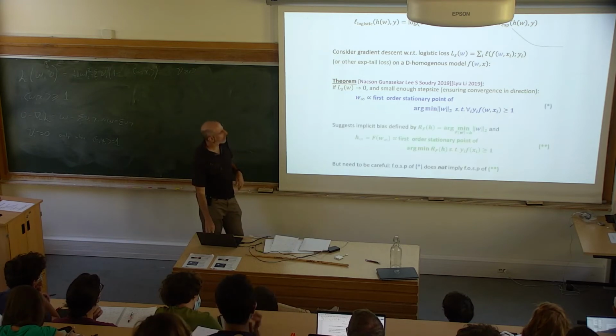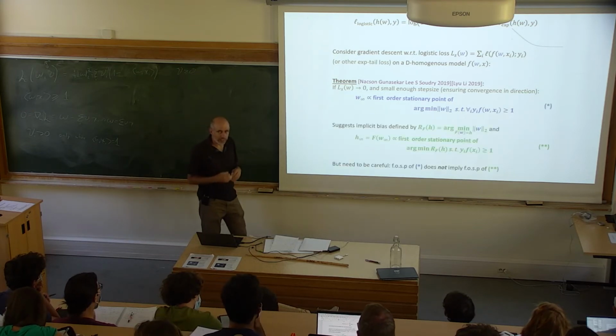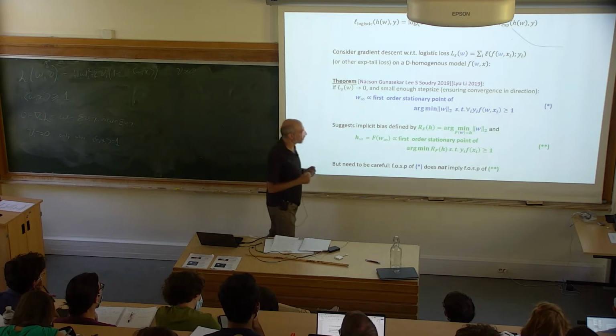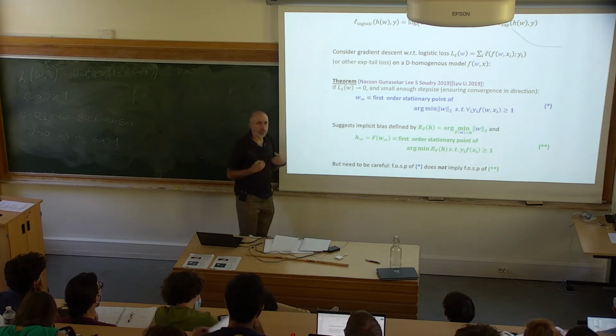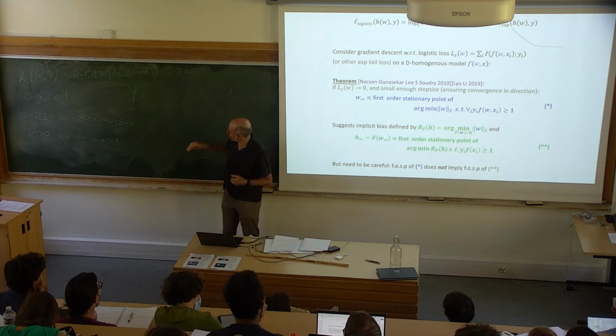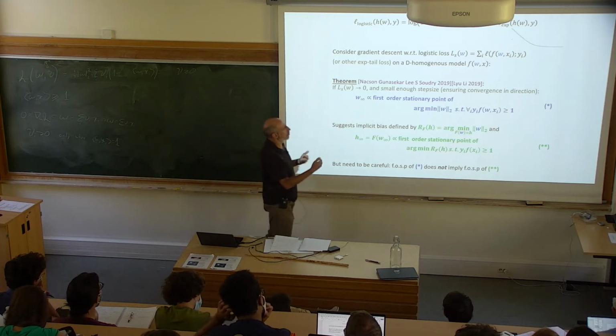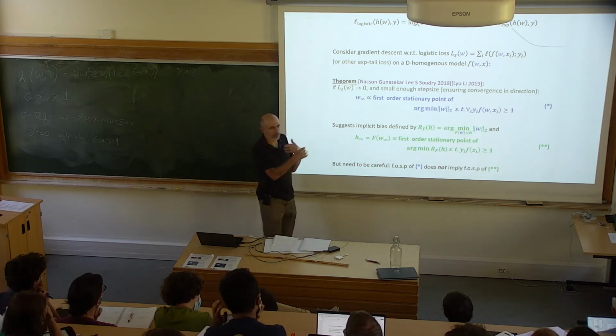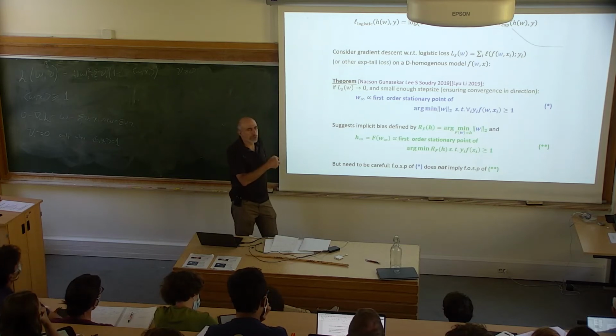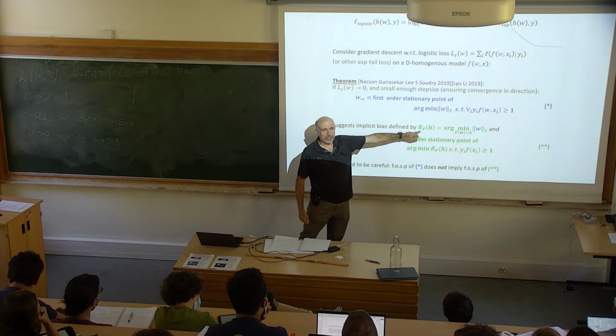In particular, it suggests that if we look at function space, we're essentially also looking for stationary points of the induced regularizer in function space. So what is this induced regularizer? This is the representational cost, right?